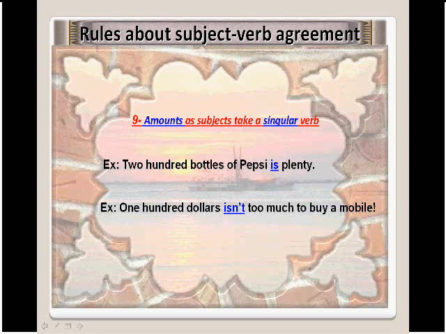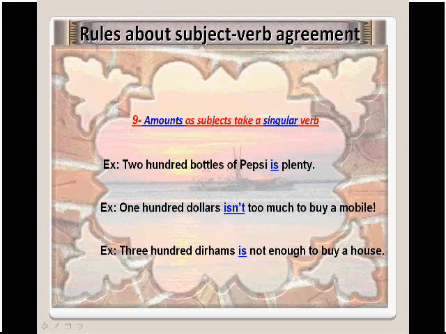Again, the amount here is $100, so it should take a singular verb. 300 dirhams is not enough to buy a house. Again, the amount here is 300 dirhams, so I have to put is. So when I use amounts as subjects, they should take singular verbs. In this case, the amounts are 200 bottles, $100, 300 dirhams.